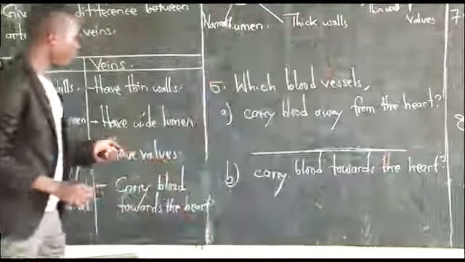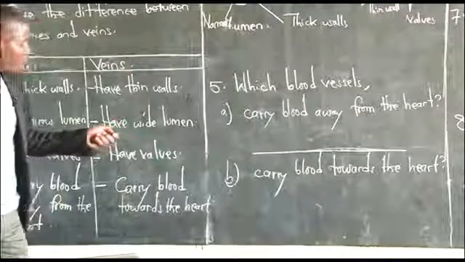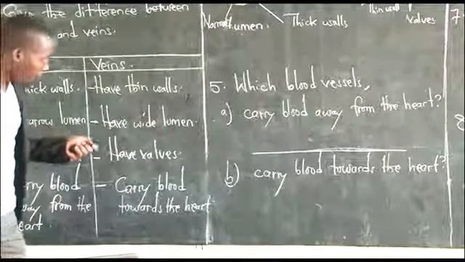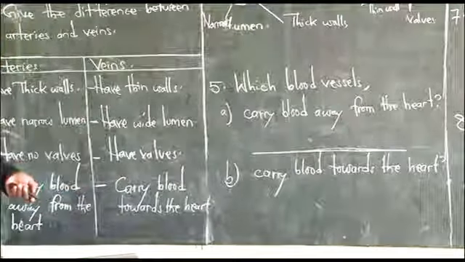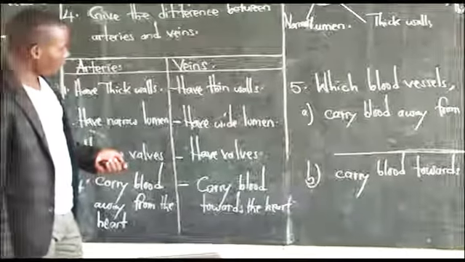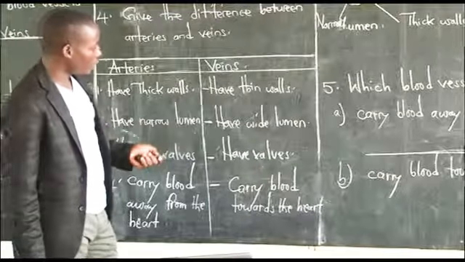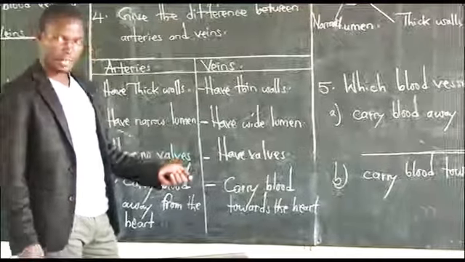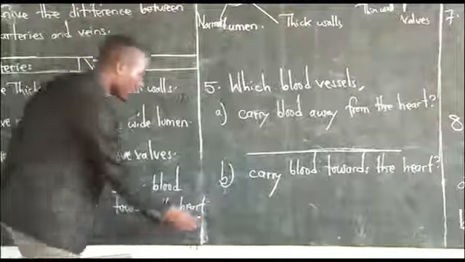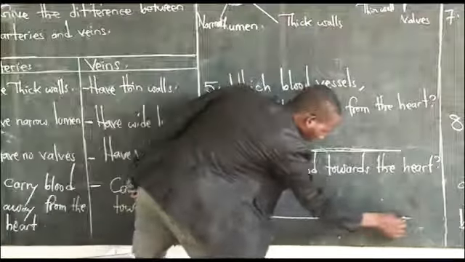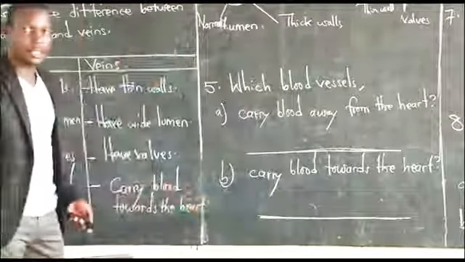So number 5, we asked which blood vessels, part A, carry blood away from the heart. From the heart to other parts of the body. Then part B, which blood vessels carry blood towards the heart. From all body parts back to the heart. So this can be done. Please try to answer that.